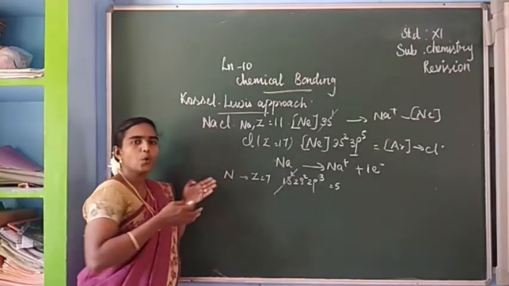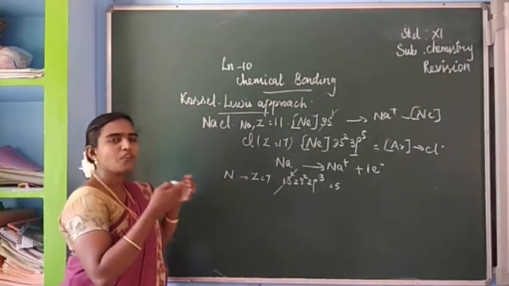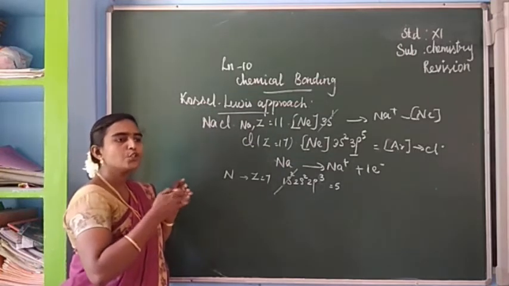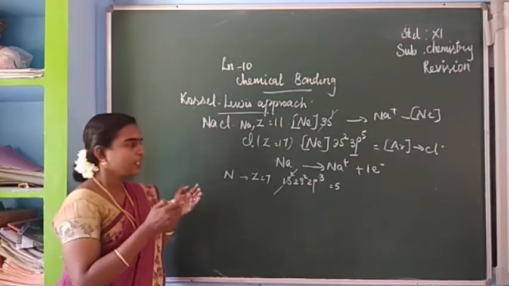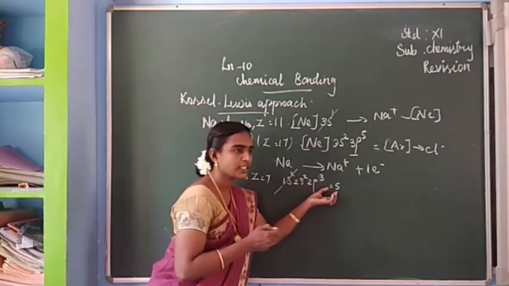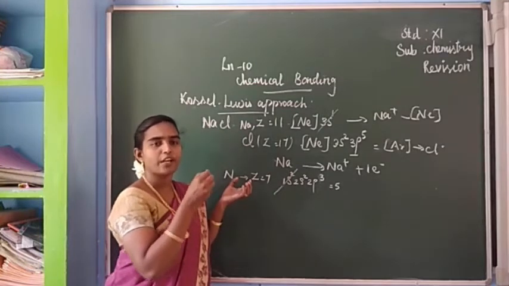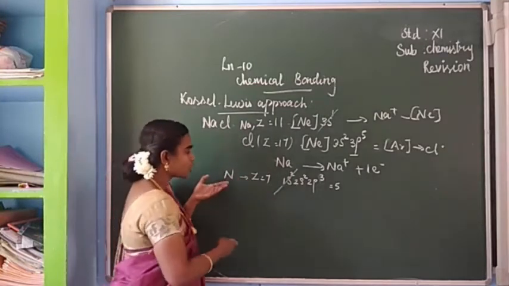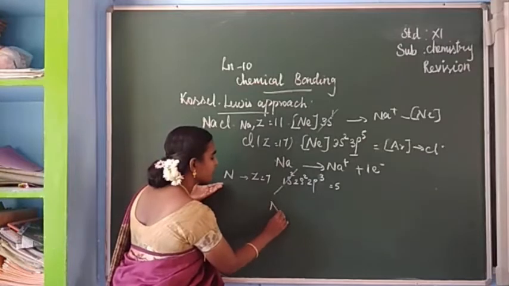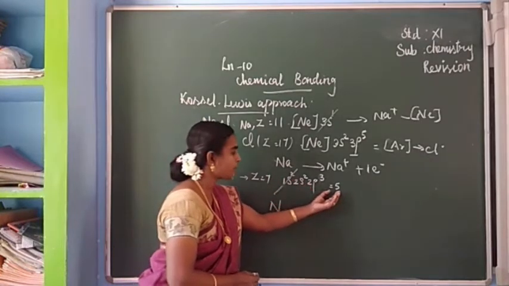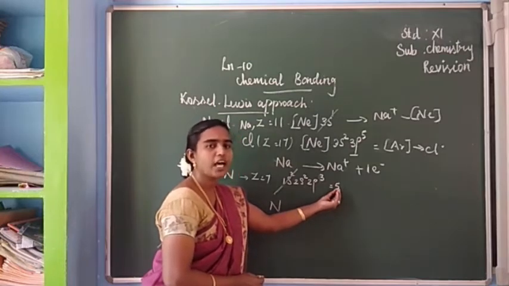According to the Lewis approach, the number of valence electrons present in a particular atom should be shown as dots. That is, 5 electrons means around this atom we have to put 5 dots. Nitrogen is there. The outermost electrons are the valence electrons, 5 valence electrons.